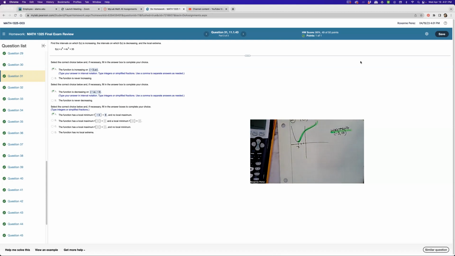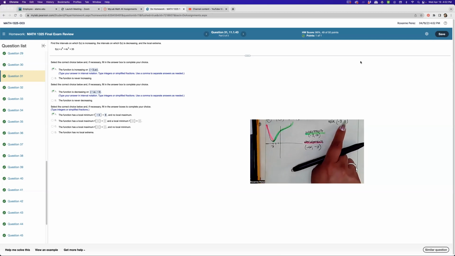And the function is decreasing from -infinity to -3. And the function has a local minimum at f of -3 equals 8.